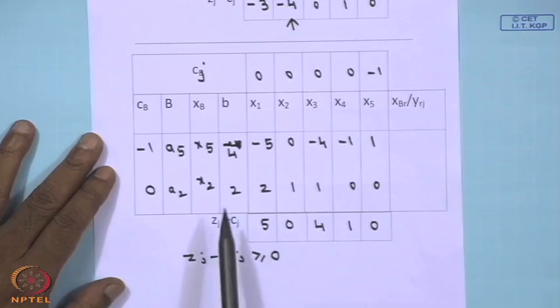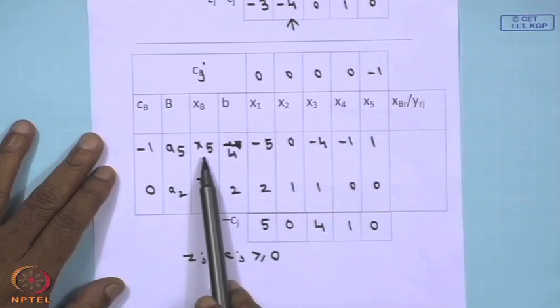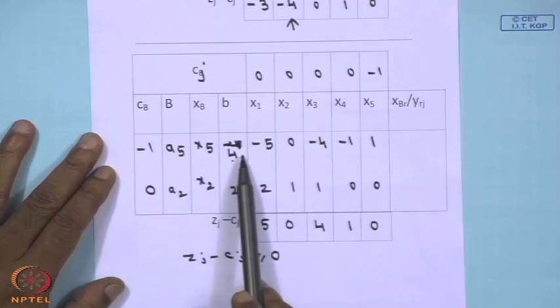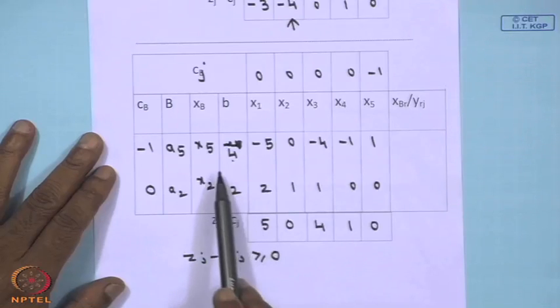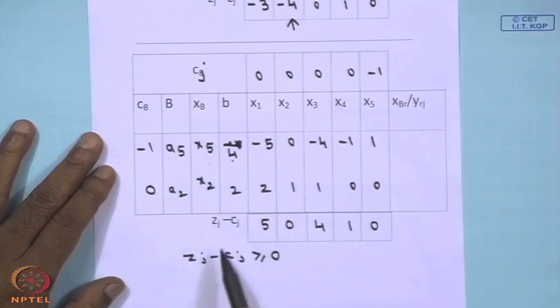But look at the basis. The basis contains one artificial variable. My artificial variable was x 5 and what is the corresponding value of the artificial variable in the basis, that is in B column, that is 4. So, it is positive. So, please note Zj minus Cj greater than equals 0 and artificial variable is present in the basis with positive value.